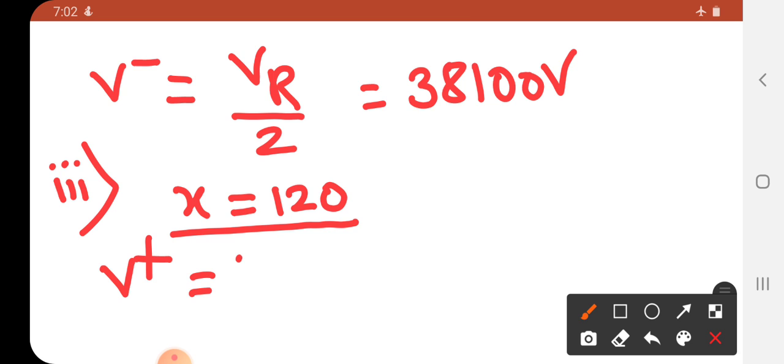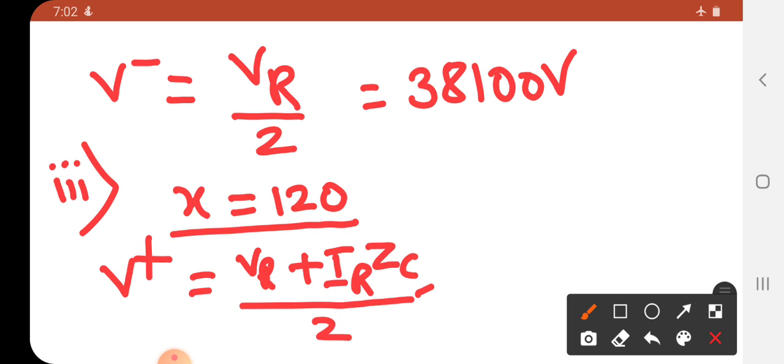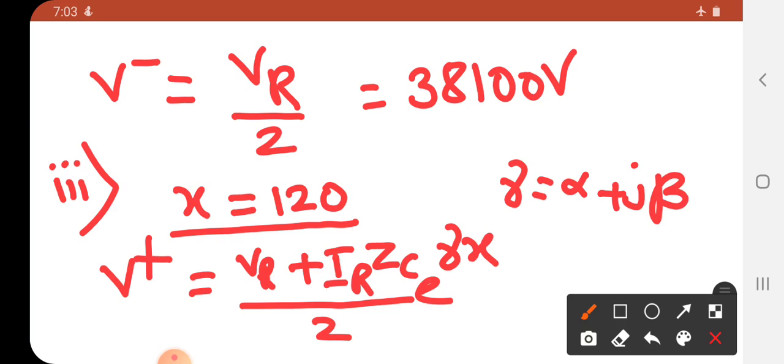That is VR plus IR into ZC by 2 into e power gamma x. Gamma is equal to alpha plus j beta.